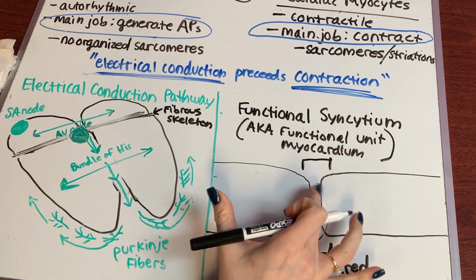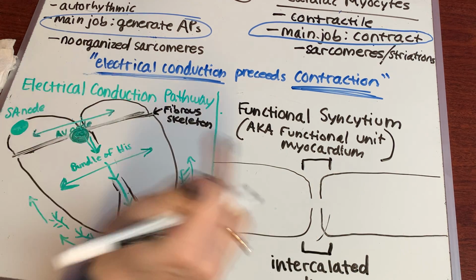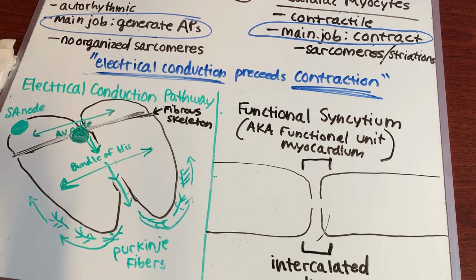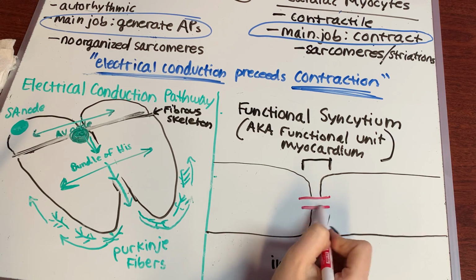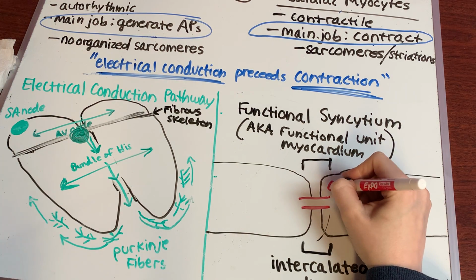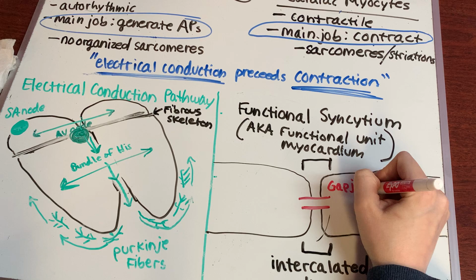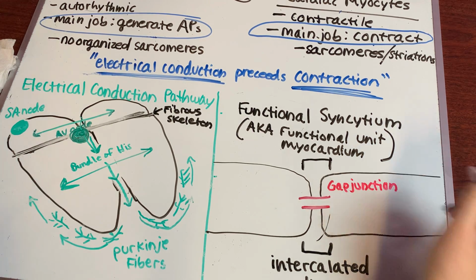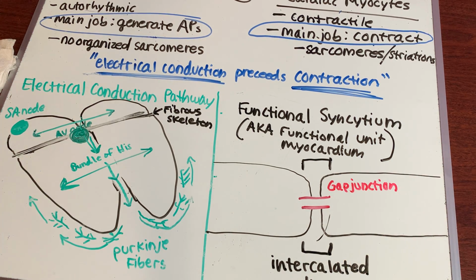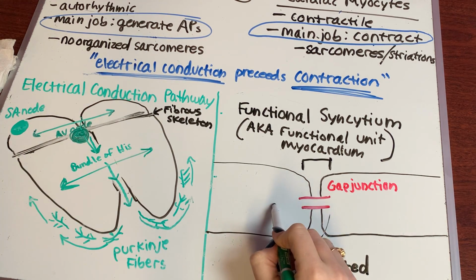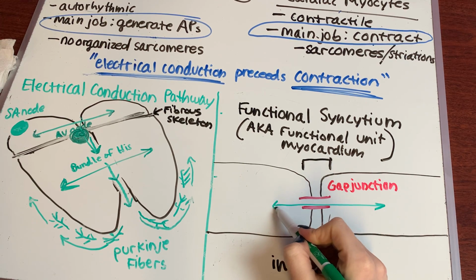So in this disc, you have a gap junction, and just think of it like a pore between the cells. What gap junctions allow for is the action potential to be propagated cell to cell super fast. You don't need a nerve or anything.